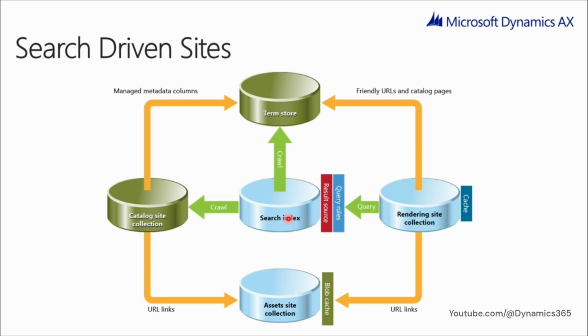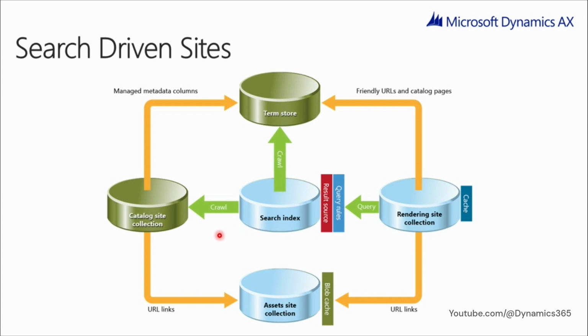Next would be the search index. The search index is the one which holds all content and metadata that is crawled. To build the search index, you must first start a full crawl of content that is specified in one or more content sources. A content source is a set of options that you can use to specify what type of content is crawled and what URLs to crawl.